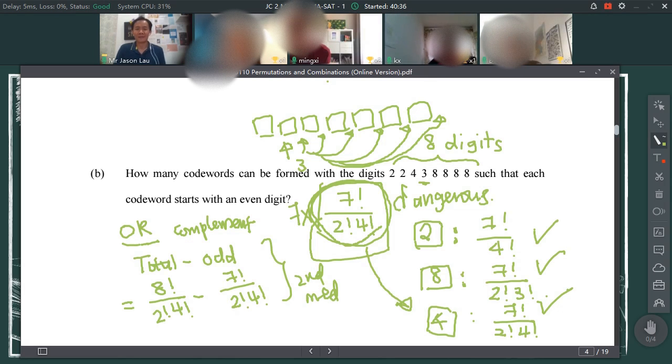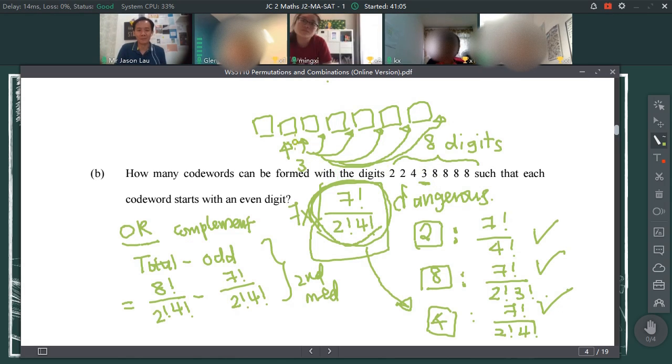Why 7 times 7 factorial over 2 factorial 4 factorial? Because she's trying to take the 3 out. If the 3 is taken out, then all the digits will be even, so regardless of which is in front, it will be an even starting digit. This is the arrangement of all the digits without the 3. Then you still have to put the 3 back, because the 3 is part of the code word.